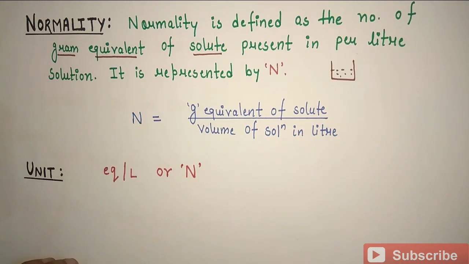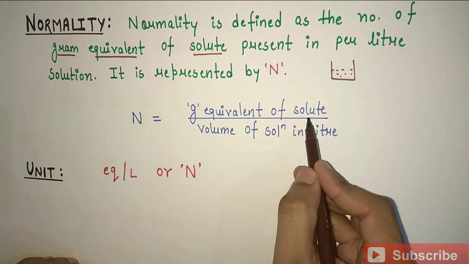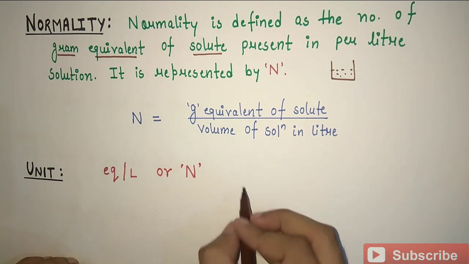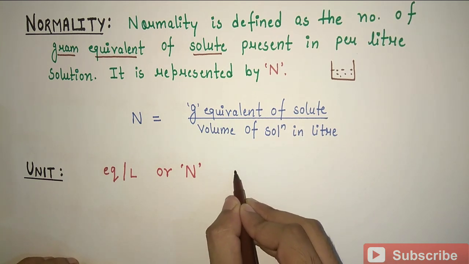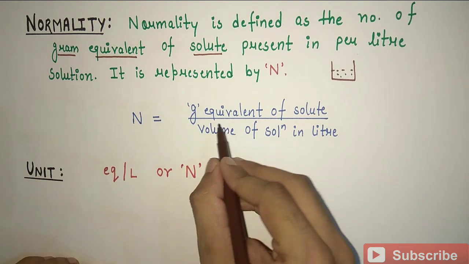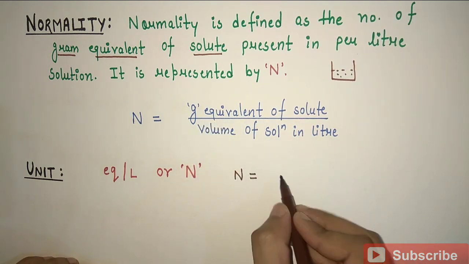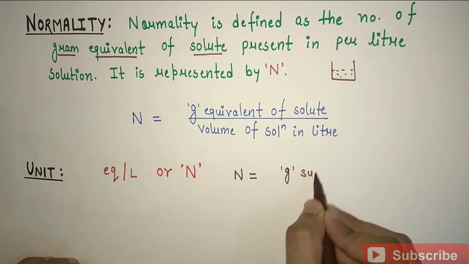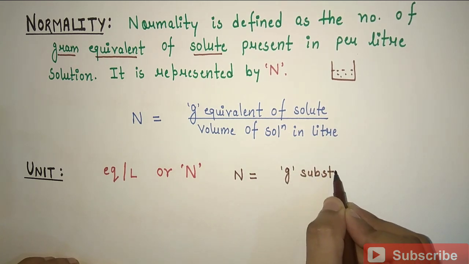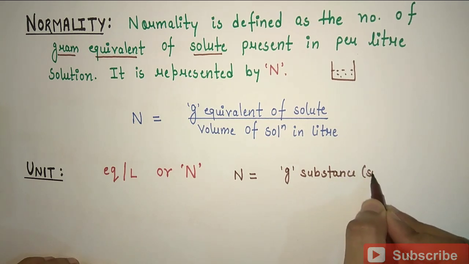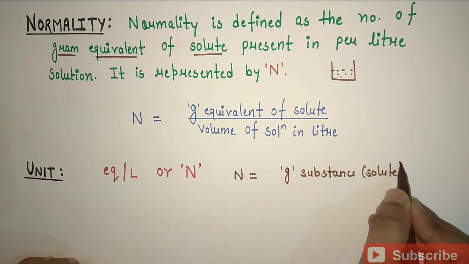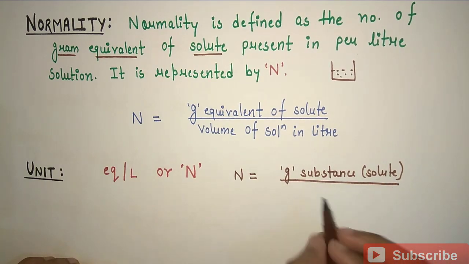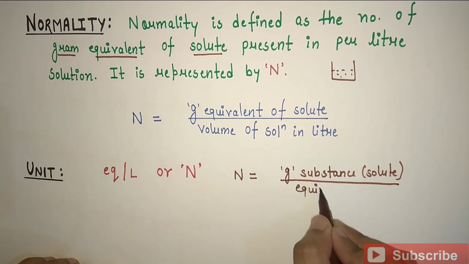Now what is gram equivalent of solute? It is the weight of the substance, that is the solute, in gram, divided by the equivalent weight.